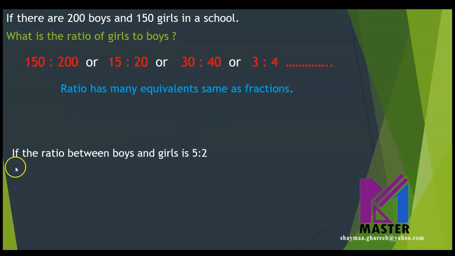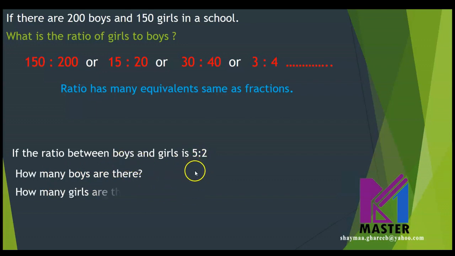Look at this question here. If I told you that the ratio between boys and girls is 5 to 2, how many boys are there? Can you tell how many boys exactly are there? This is the ratio. And how many girls are there? The ratio 5 to 2 does not mean that there are 5 boys and 2 girls.